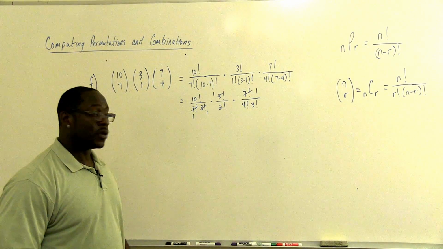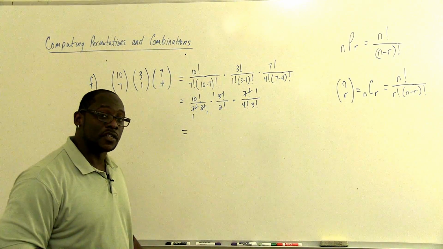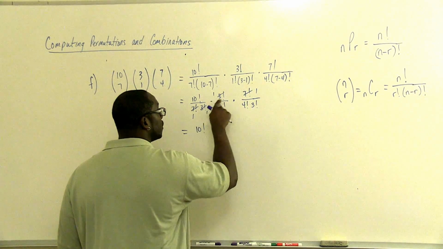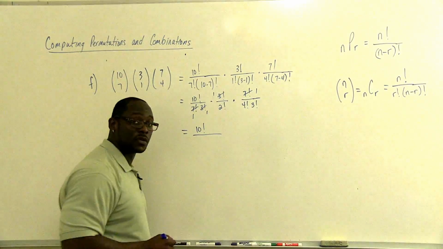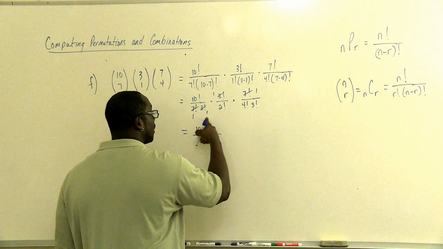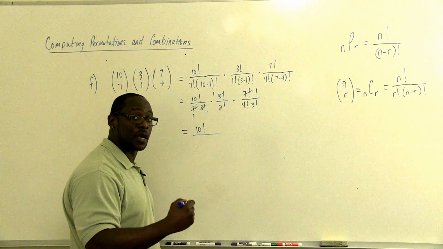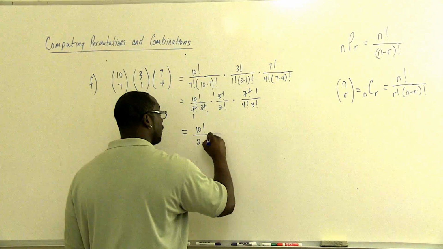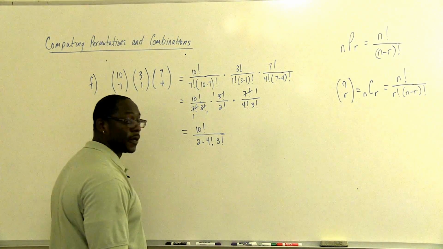And so now what we're going to do is write everything together and then see what we need to expand out at this point. So we have 10 factorial times 1 times 1. So we just have 10 factorial in the numerator. 1 times 1 times 2 factorial, and 2 factorial is just 2 times 1, so we'll just write a 2. We have 4 factorial and 3 factorial, okay?